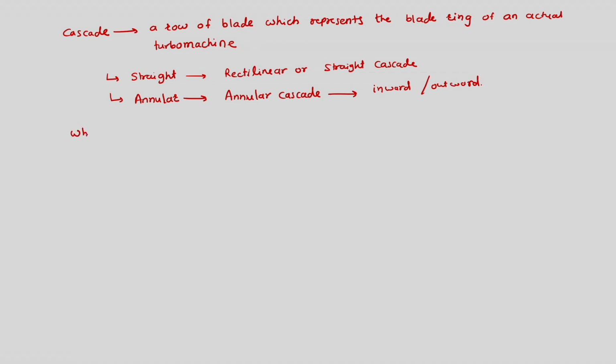Then why should we study cascade flow? There are some facilities where the blades are arranged and kept, and the flow through such blades is analyzed. But why is it desirable, required and essential to study the cascade?